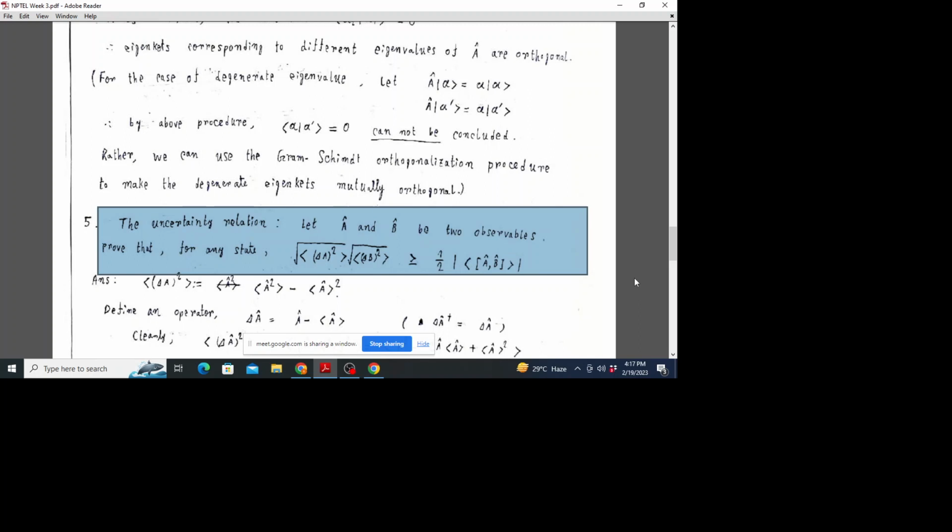Let A and B be two observables. You know observable means Hermitian operator, and when you say Hermitian operator, all of the special properties of such operators come to mind. So A and B are two observables, that means they are Hermitian operators.